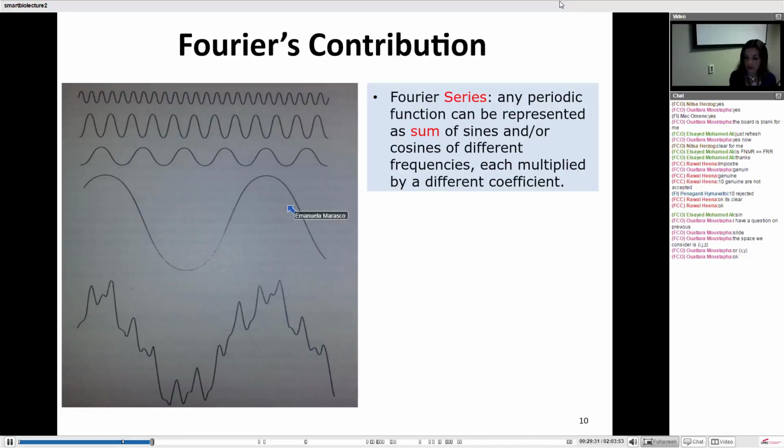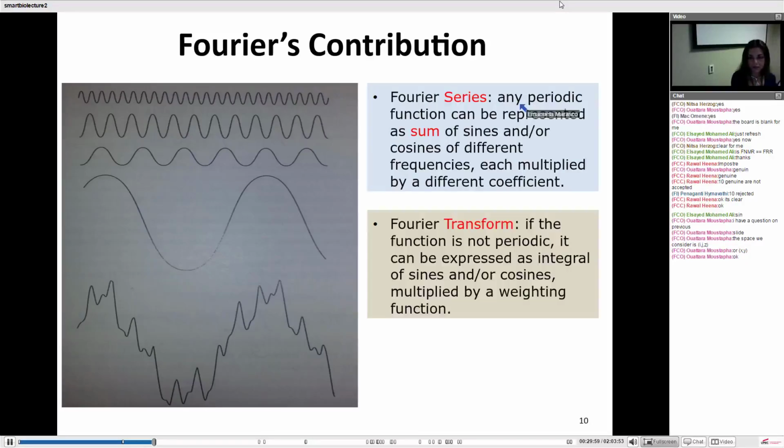The sum of these four functions that we see here is modeled as an approximation of the given function at the bottom here. So this is the concept that we are using when transforming a given signal from the spatial domain, or time, to the frequency domain.